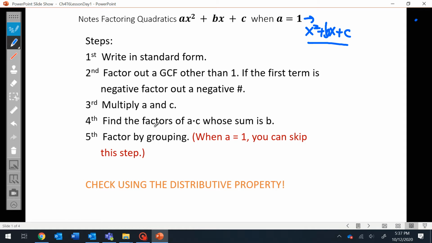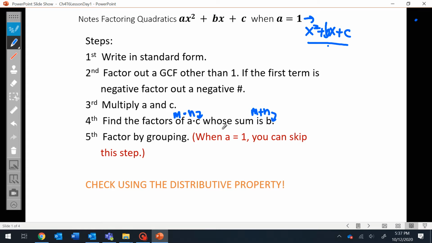Then we find two numbers that multiply to a times c and whose sum is b, which means they add to the b value. So we're looking for two numbers, m and n, where m times n is the same as a times c, and m plus n is equal to b.